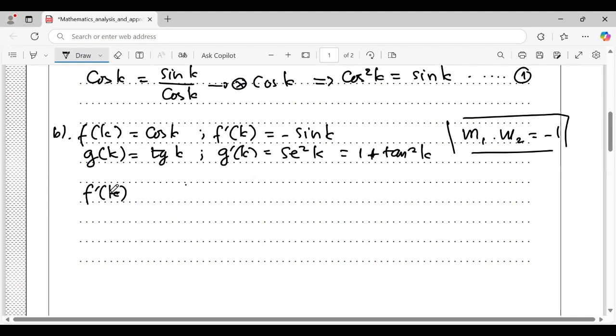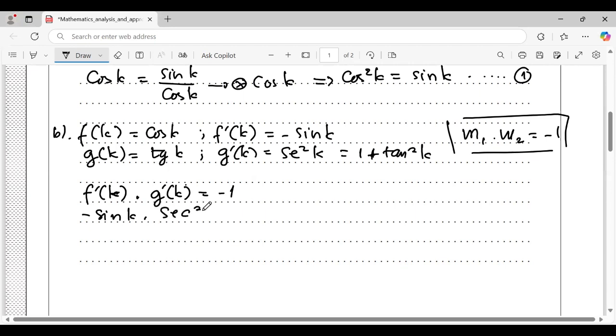A slope or gradient is the derivative of the function.